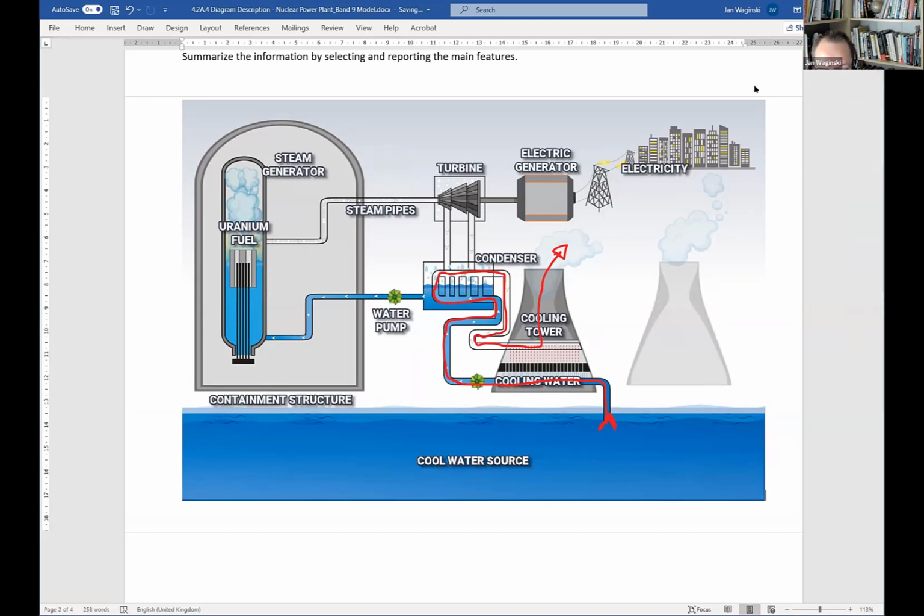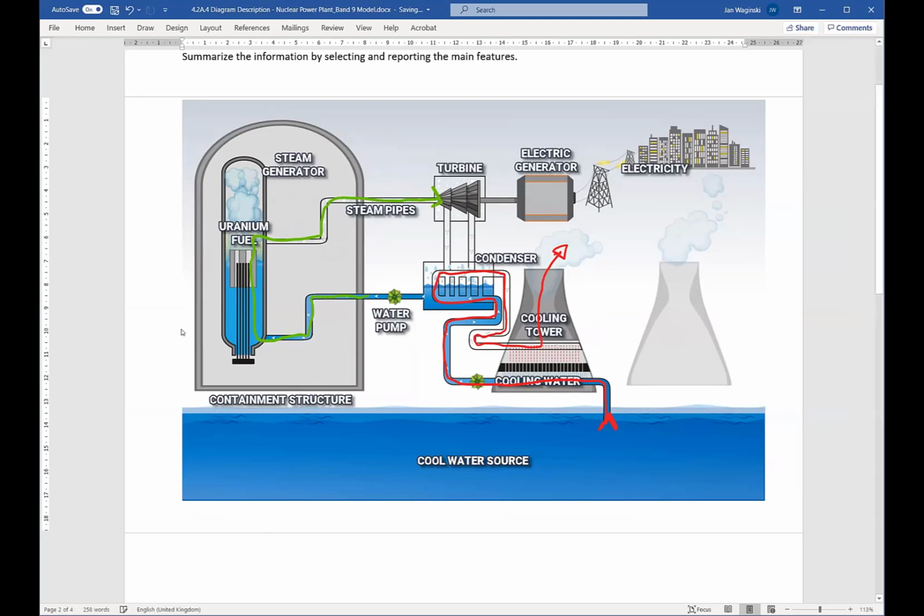So it's constantly bringing in cool water, and this cool water is removing the heat from this other water. This water that's going in here, it's getting boiled, and then the steam is getting shot into the turbine.